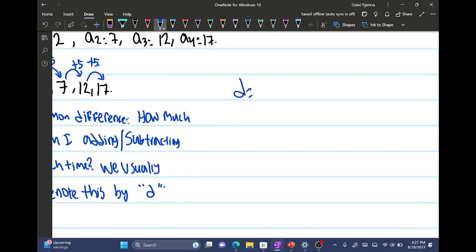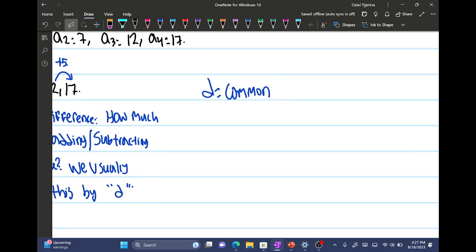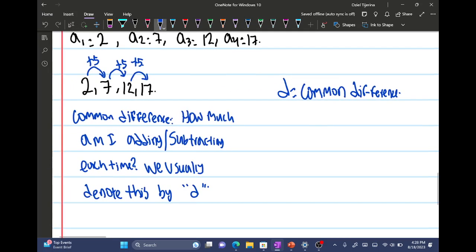That's one of the parts that I'm introducing here. And at the very end, I'm going to introduce the equation that all of these letters are going to be put into. So that's the common difference. We would denote that by D. It can be anything depending on the sequence.